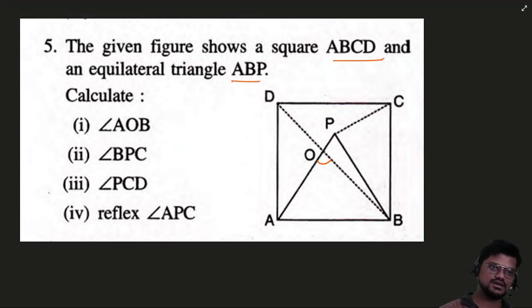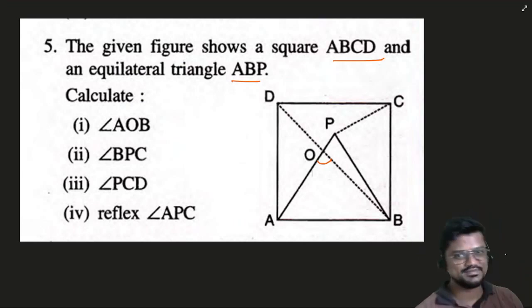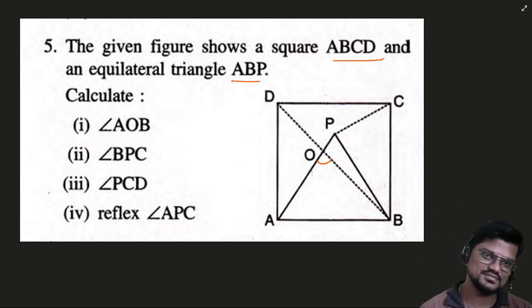Can anyone tell me the process of how we can find that angle AOB is 75? Sir, since they have given that it is an equilateral triangle, all the angles will be 60.